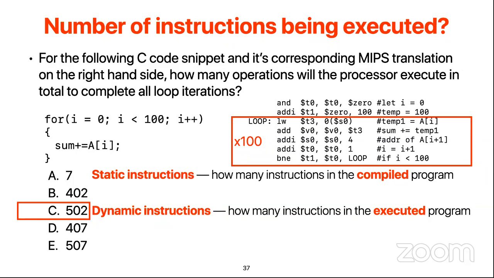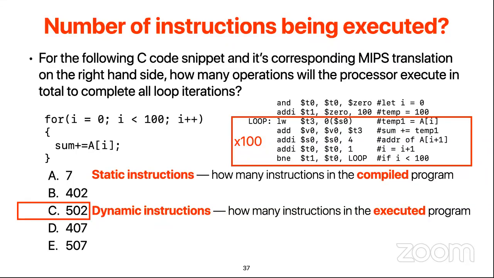When people refer to static instructions in compiler or in computer architecture, it means how many instructions are there in a compiled program, how many lines of code in your compiled program.